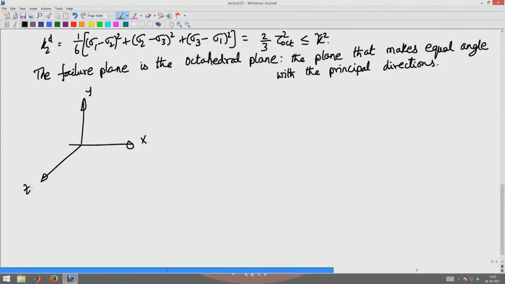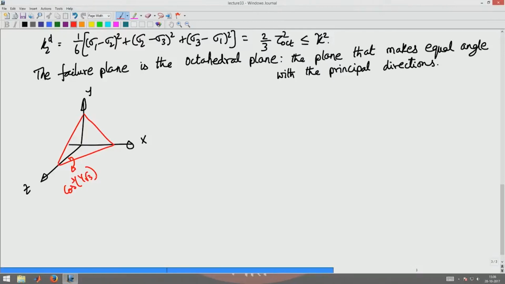Okay. Now, a plane which makes an equal angle with all of these would be a plane which makes an angle cos inverse of 1 by root 3 with these axes. It is this plane about which the failure would occur, okay, wherein all these angles are cos inverse 1 by root 3.